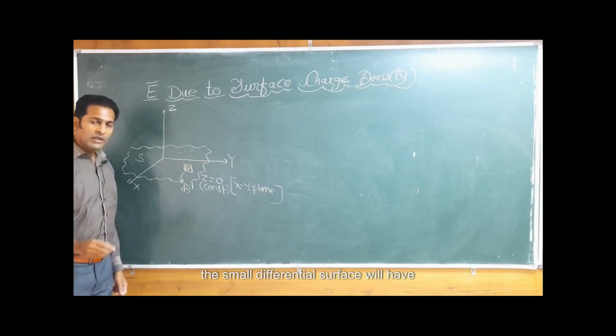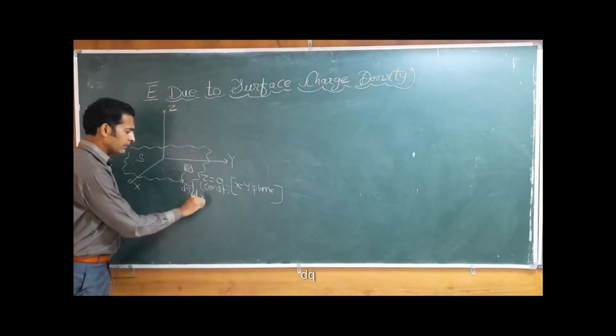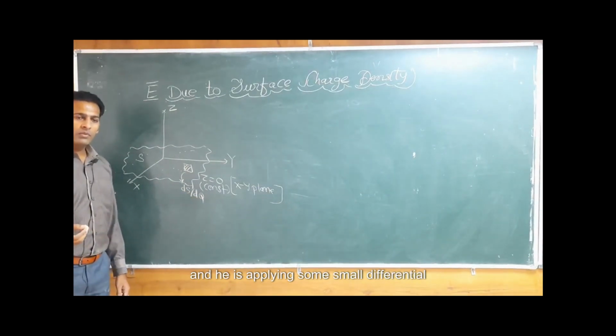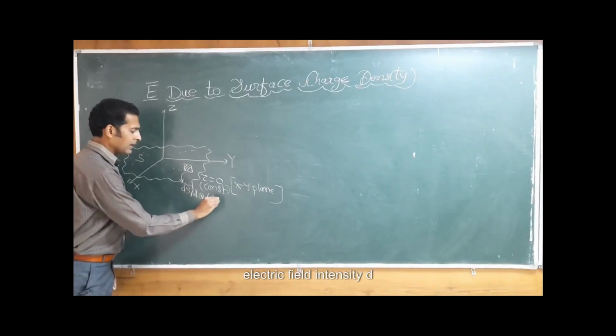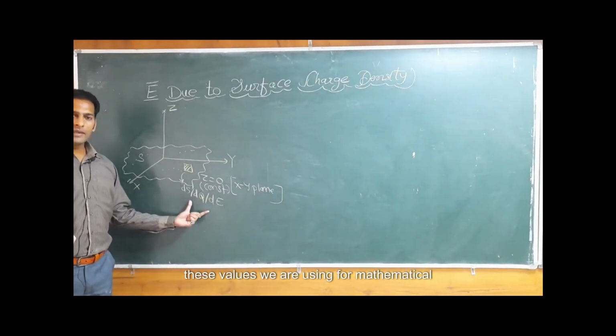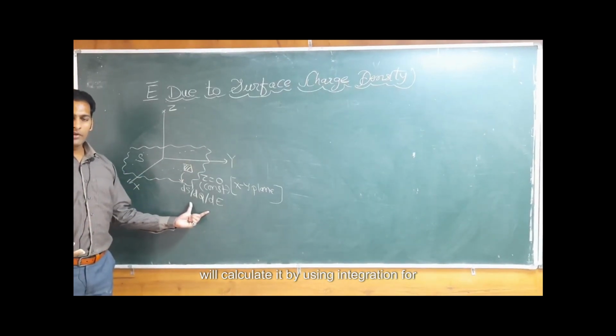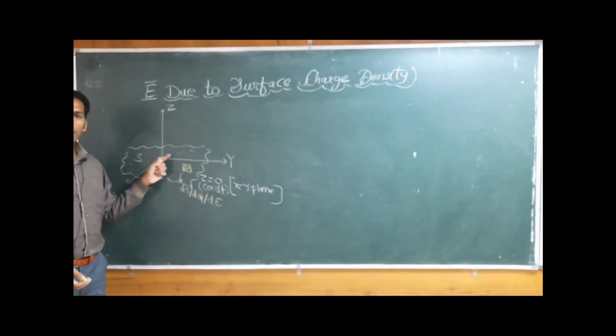The small differential surface will have a small differential charge dq, and it is applying some small differential electric field intensity dE. These values we are using for mathematical calculation. Once we have the formula, we will calculate it by using integration for the entire surface.